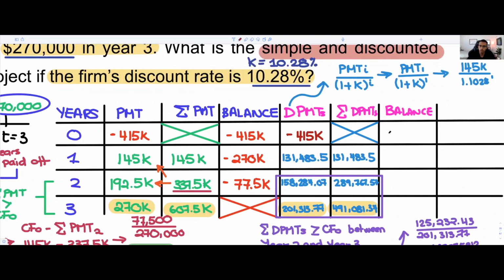This is cool stuff. So of course, your balance here is going to be 415K. Then after year one, your balance will be essentially minus 283,516. This is rounded up, by the way, just because I'm a lazy person. You've got $125,000 here, 0.232 or 3.